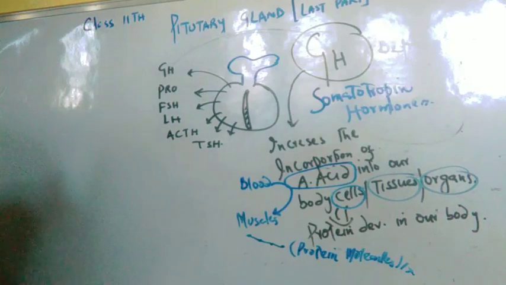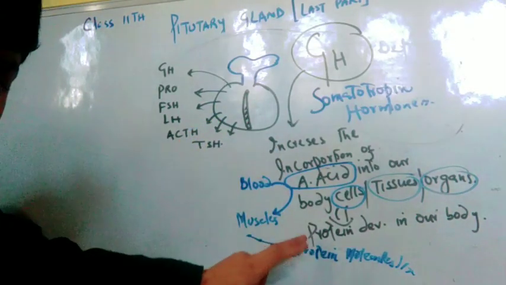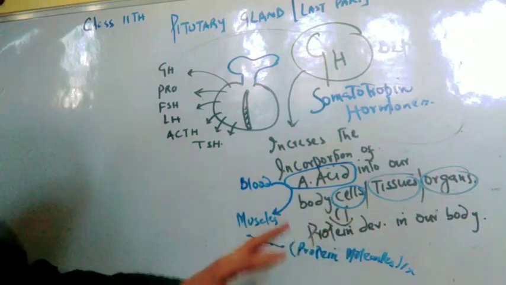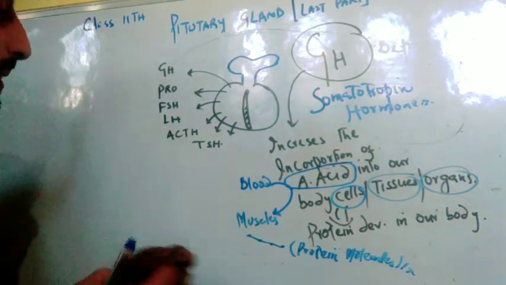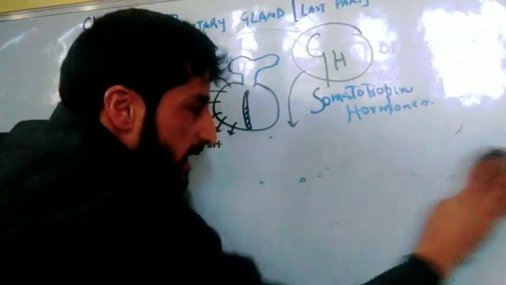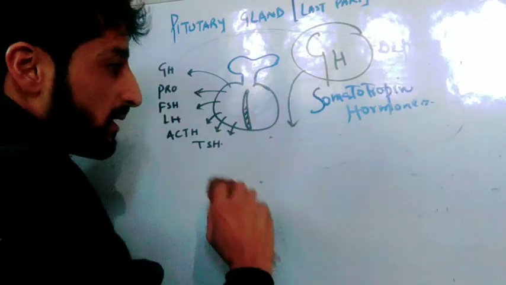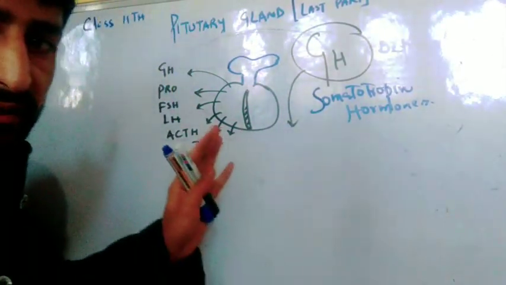Thus, more and more protein accumulation occurs in a particular organ, and that organ undergoes mass development and growth. So the first point is that growth hormone enhances movement or accumulation of amino acids in our body structures.